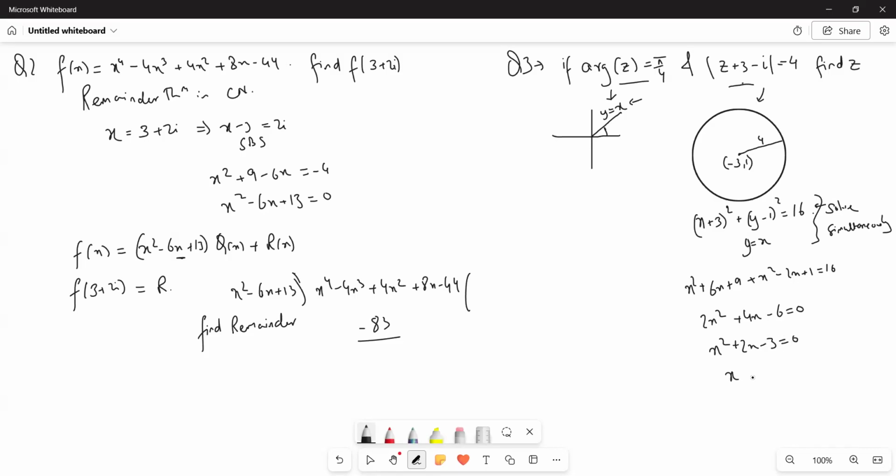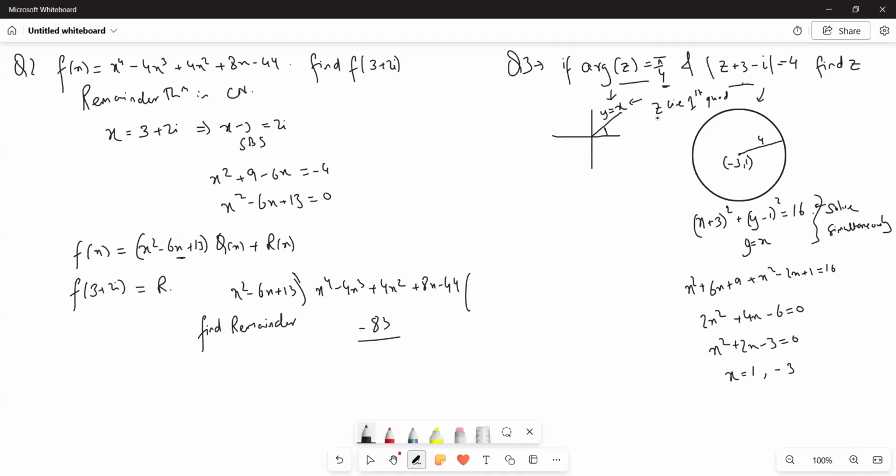तो x का क्या वैल्यू जाएगा यहाँ से? Either x is equal to 2 or x is equal to -4. Is anyone able to follow this? But since the argument of z is pi by 4, we want z to lie in the first quadrant. तभी argument pi by 4 होगा.